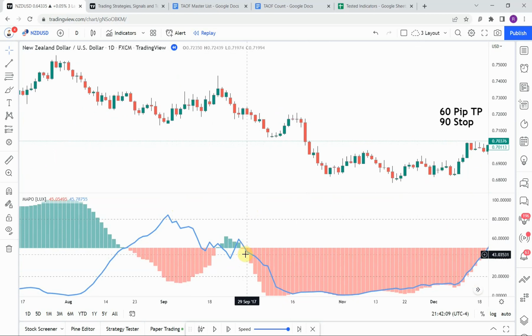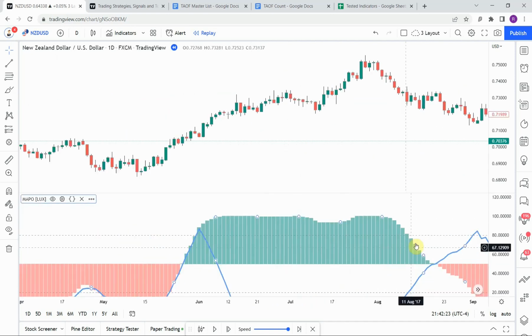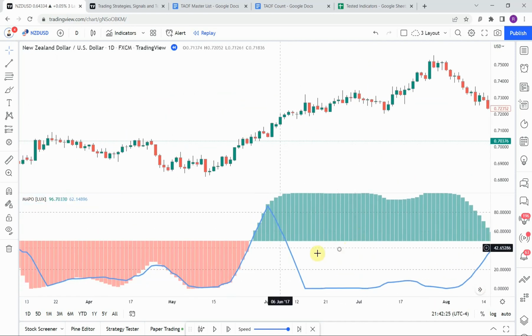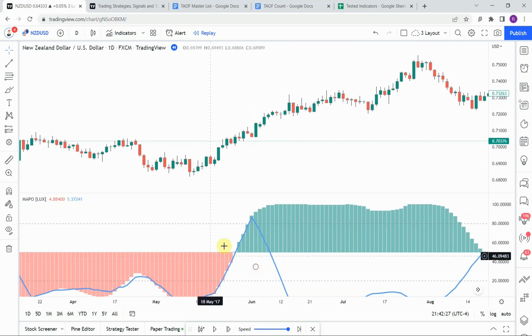If it's not, then we are going to wait and see if it crosses that marker while the red bars are being displayed. And on the top side, we are looking for when the green bars appear on the upside.